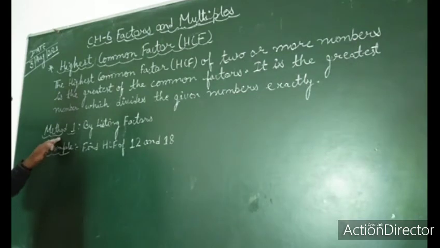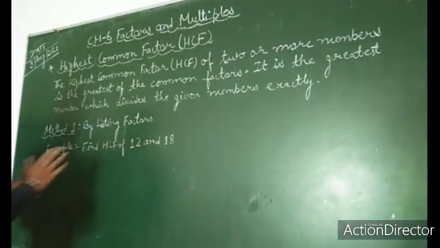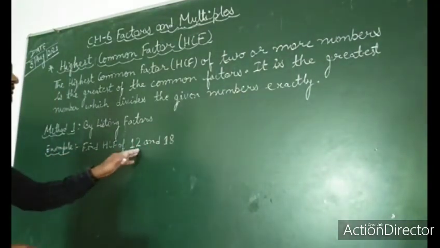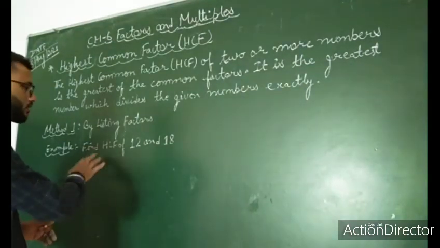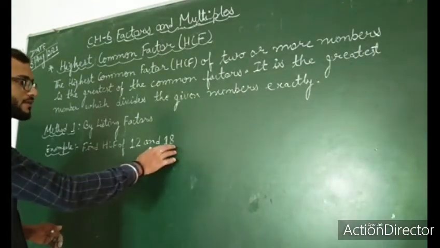So now first we discuss method number 1, by listing factors. Here we take one example: find the HCF of 12 and 18.